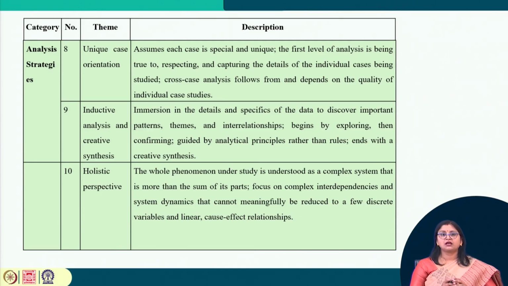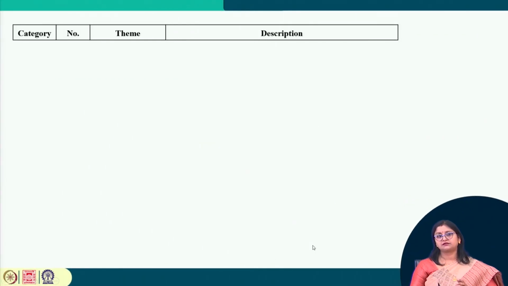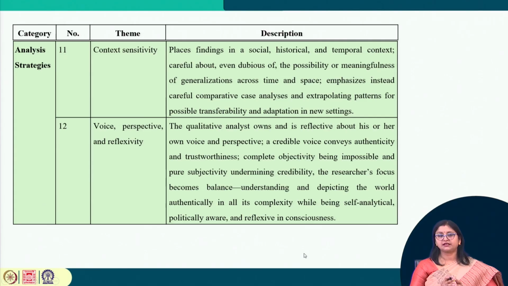The whole phenomenon under study is understood as a complex system that is more than the sum of its parts. The focus is on complex interdependencies and system dynamics that cannot meaningfully be reduced to a few discrete variables and linear cause-and-effect relationships. That is why this part is taken.